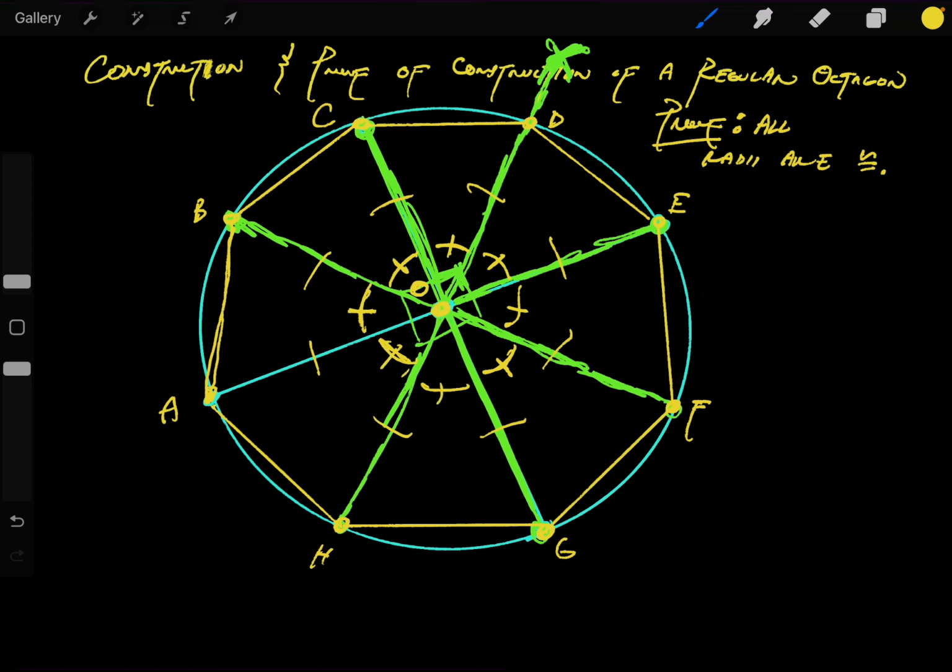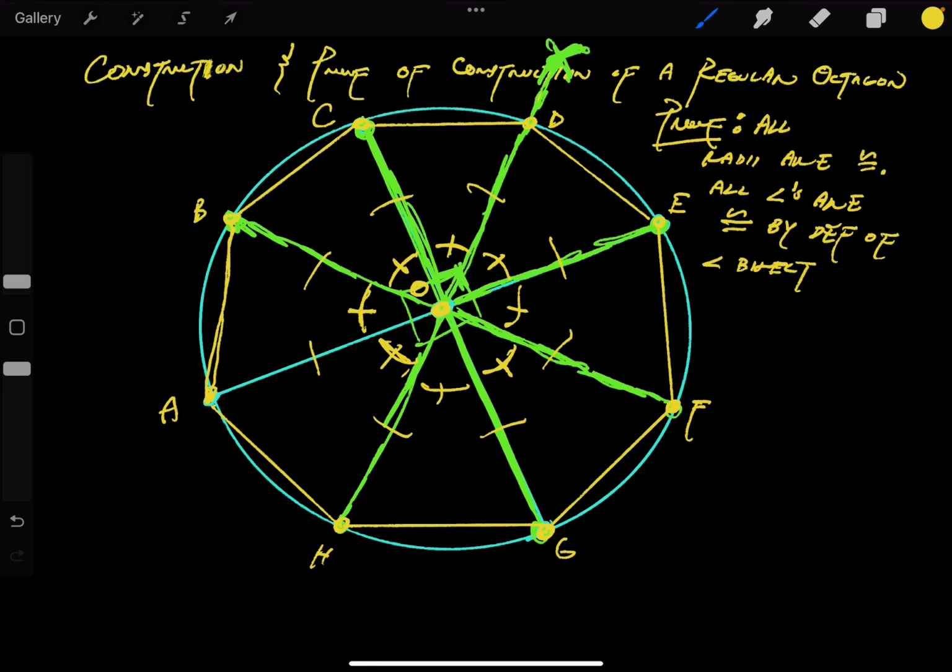All angles are congruent by definition of angle bisector and construction, because I constructed the angle bisector.